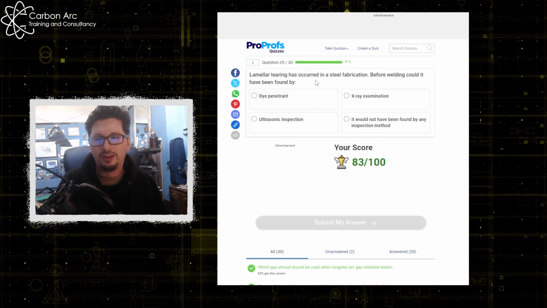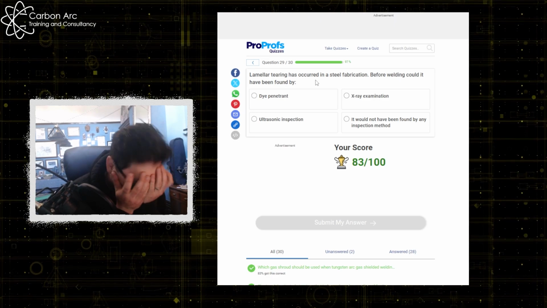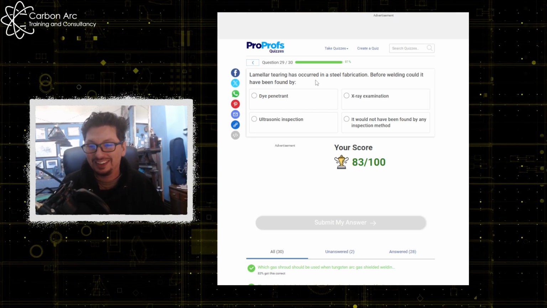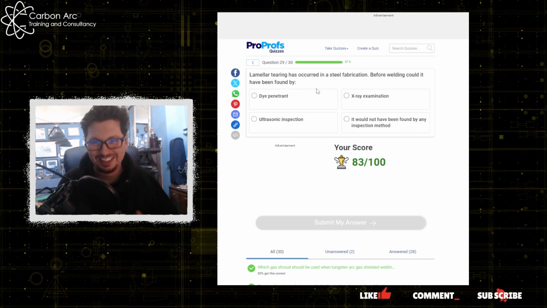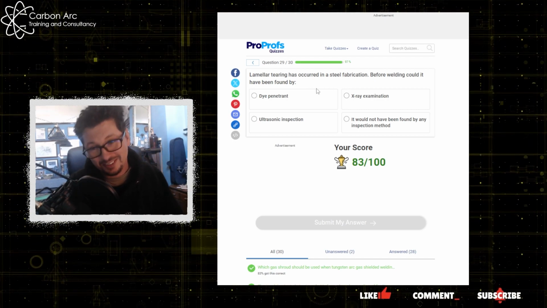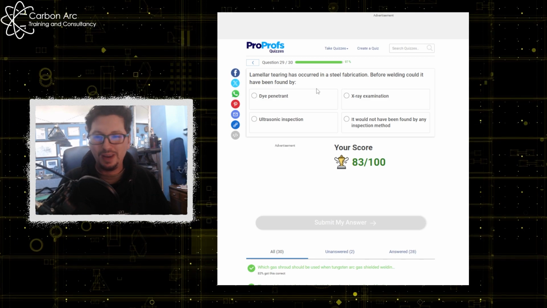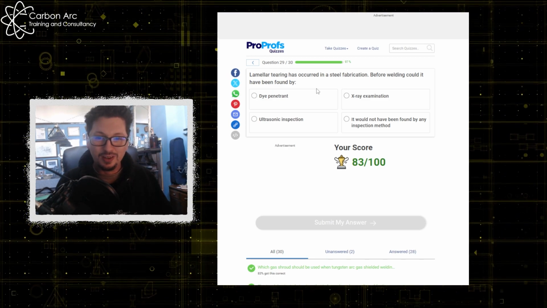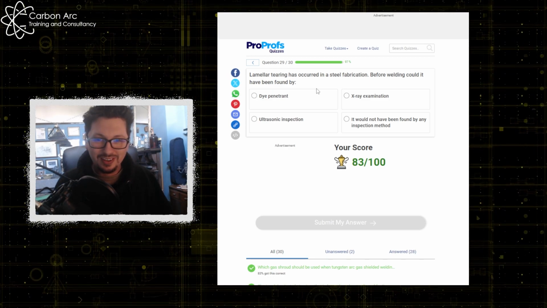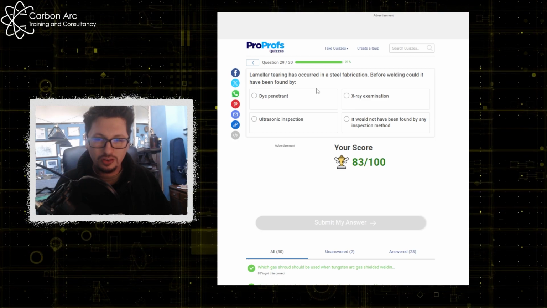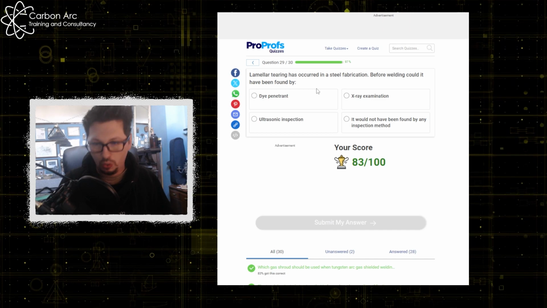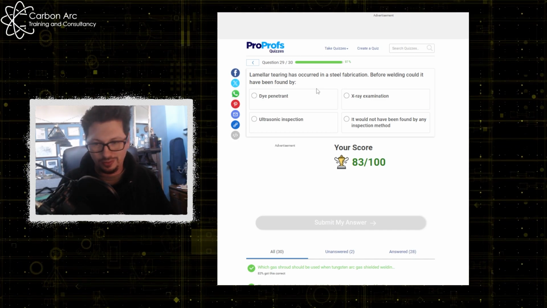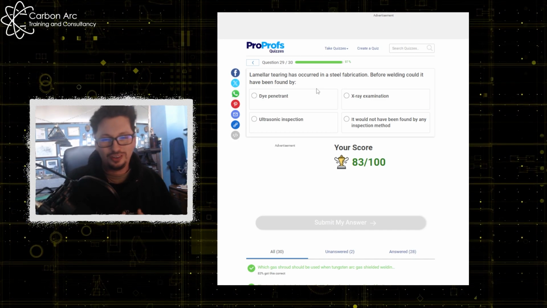Laminar tearing has occurred in a steel fabrication. Okay, let's see if we get this one right this time. Before welding, could it have been found by dye penetrant? No. X-ray? No. Ultrasonics?